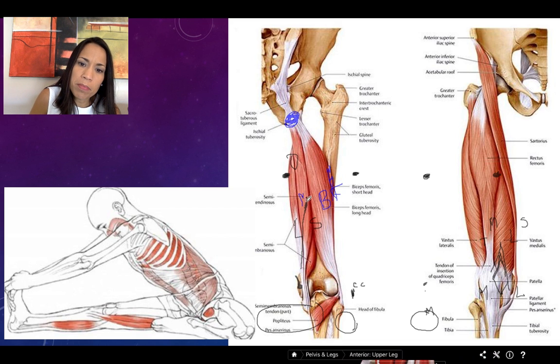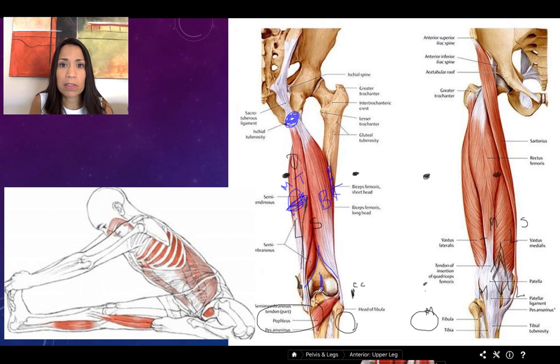I'm sorry, switch them. This is the semitendinosus, and to the medial side, that's the semimembranosus, and look how they form the popliteal fossa. Right in here, we're going to find the popliteal blood vessels, the artery, the vein, and the nerve.